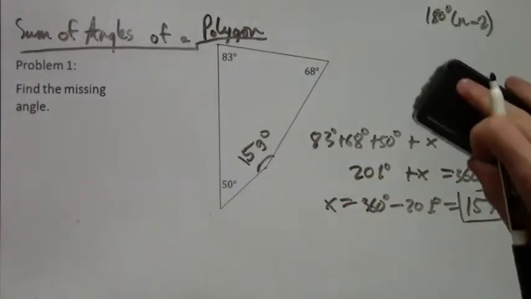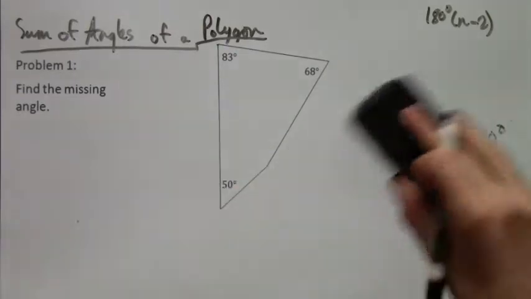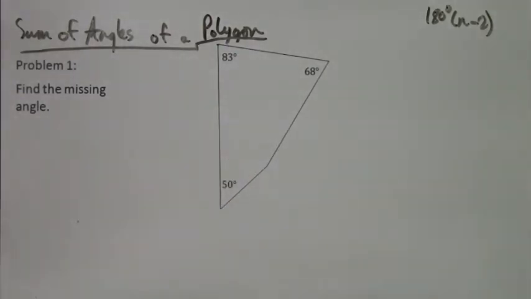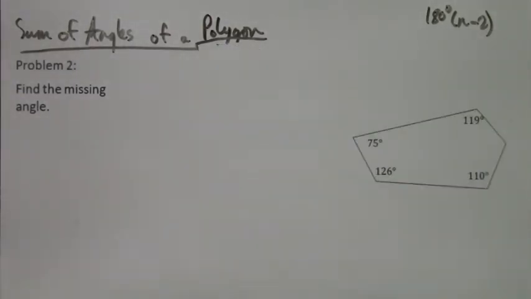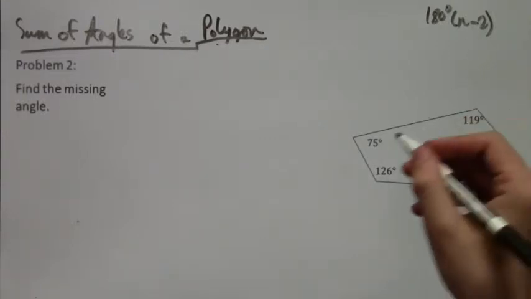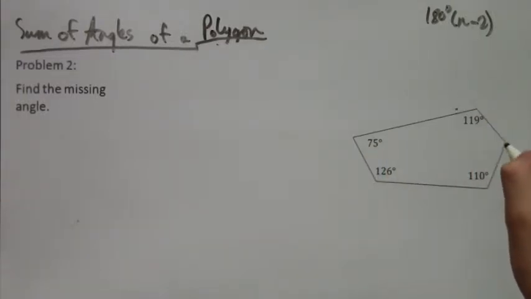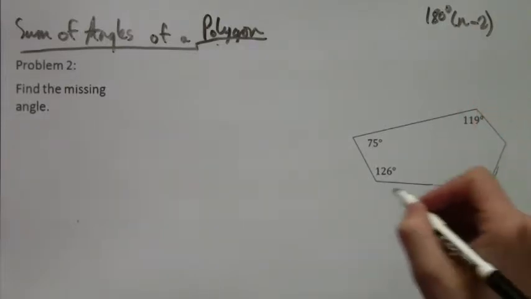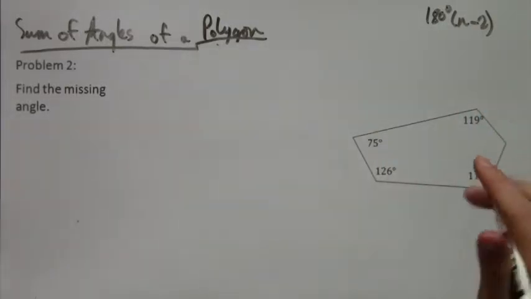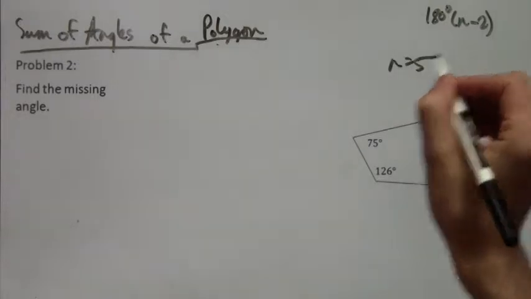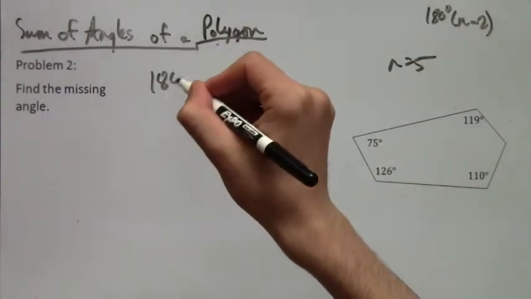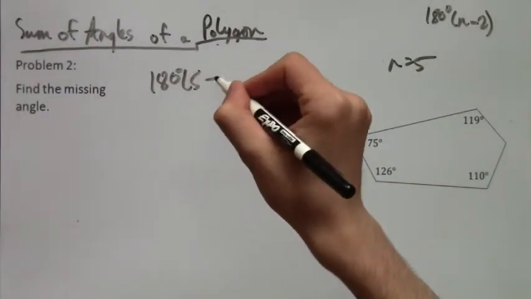Alright, let's move on to another example. So now we're asked to find the missing angle again. This time we can see it's a pentagon.